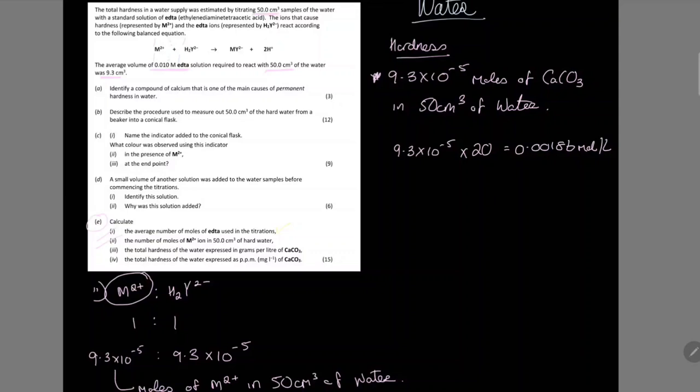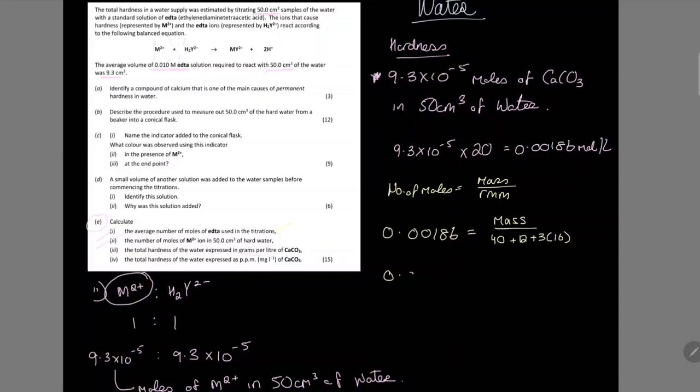Now it's not asking me for moles, it's asking me for grams. So I'm going to use this equation, which is number of moles equals mass over relative molecular mass. So the number of moles of the calcium carbonate per litre is here. We want to find out the mass. And then the relative molecular mass is 40 for the calcium, 12 for the carbon, and then 3 times 16 for the 3 oxygens.